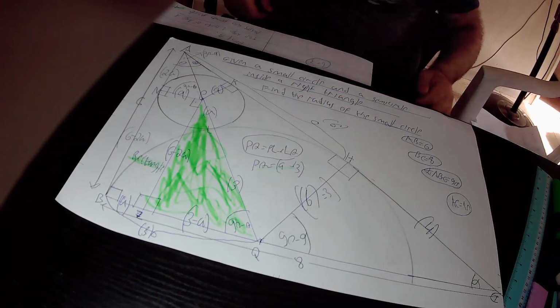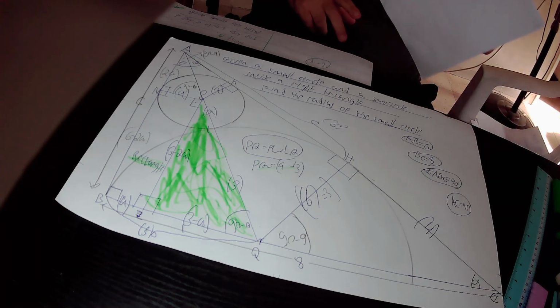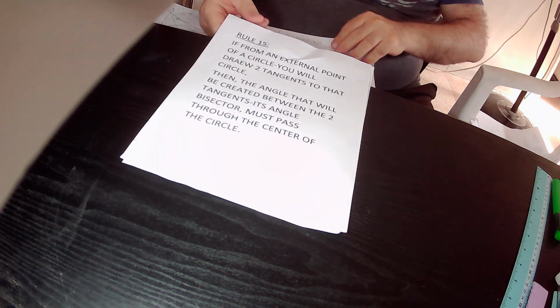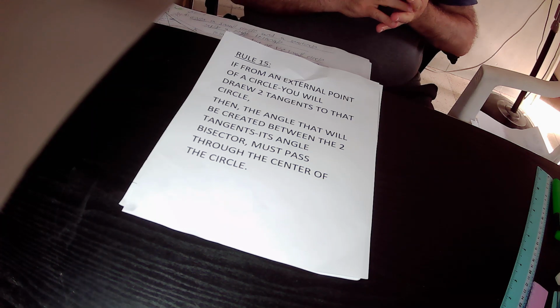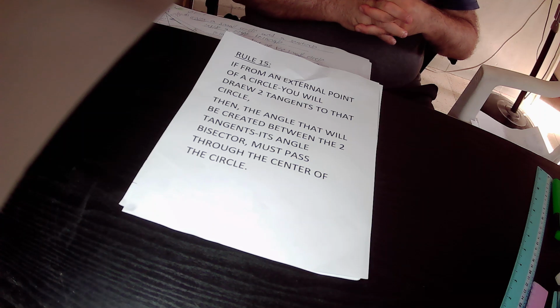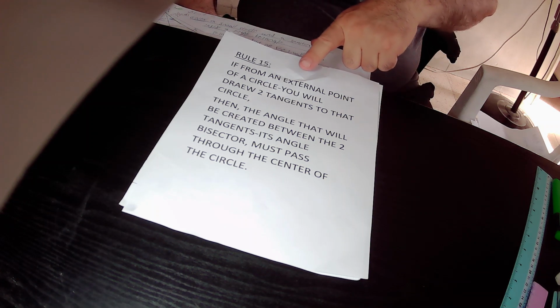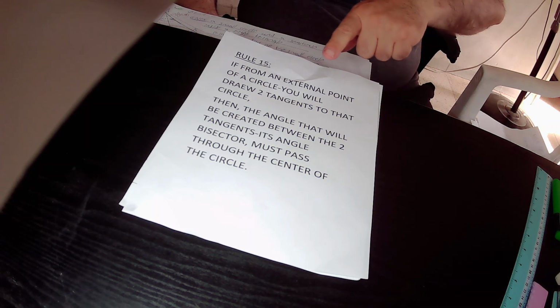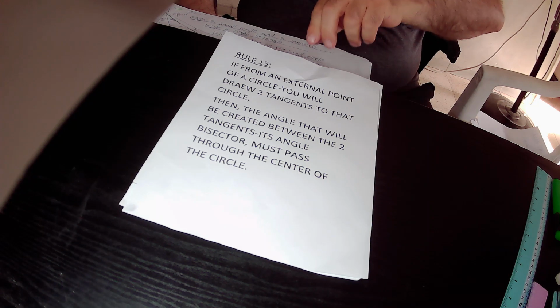In the next step, I present to you a new rule, and we implement the new rule in our drawing. The new rule is rule 15. According to rule 15, if from an external point of a circle you draw two tangents to that circle, then the angle bisector created between the two tangents must pass through the center of the circle.